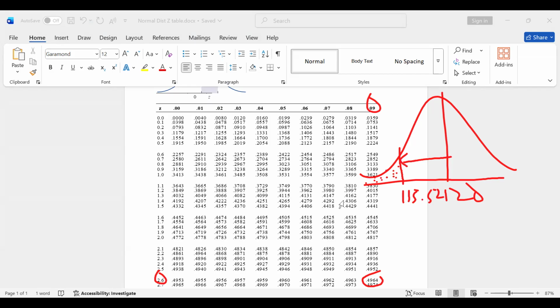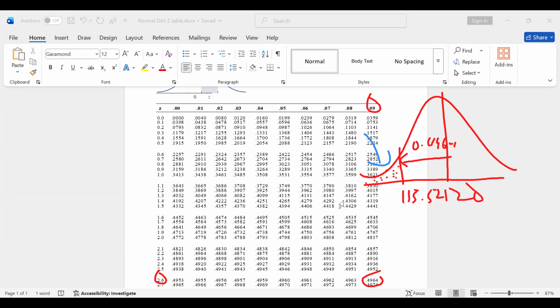This space is the one we just found down here, which is 0.4964. So if we want this corner here, what do we do with that number? Albert. Yeah, we subtract it from 0.5. Exactly.